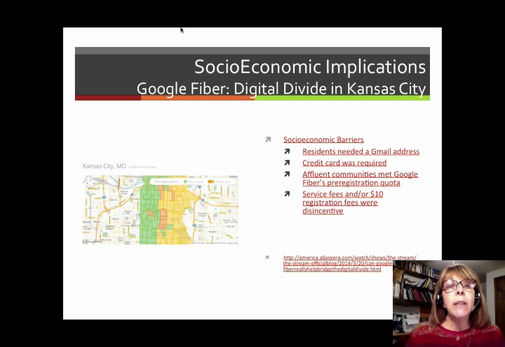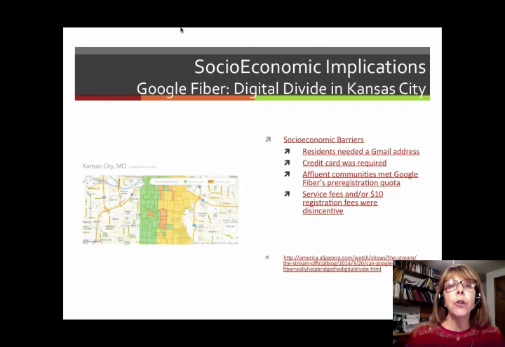But the disincentive also, as small as it might be, was the service fees and the $10 registration fee. People did not see why they needed to have the internet, they didn't have the money, they didn't have the Gmail address, they didn't have the credit card. So while Google was willing to come in, it had the qualifications that it needed on those 3 tiers.